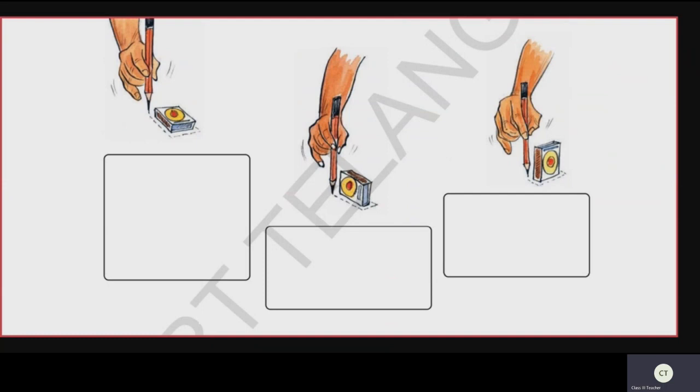Next, third picture, observe carefully. That boy placed the matchbox vertically on a sheet of paper. Then after tracing, which shape will you observe on the paper? Exactly, again rectangle shape you can see on the sheet.